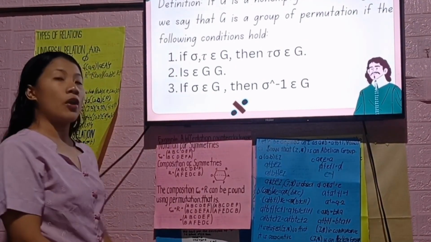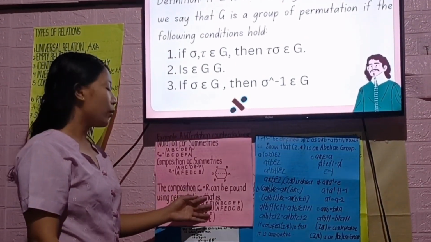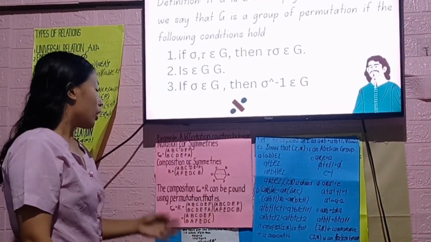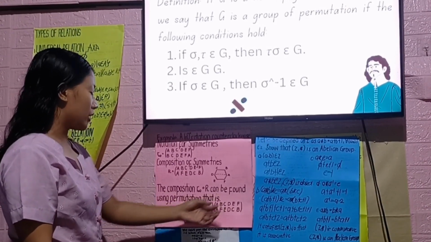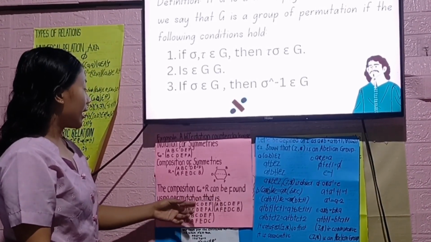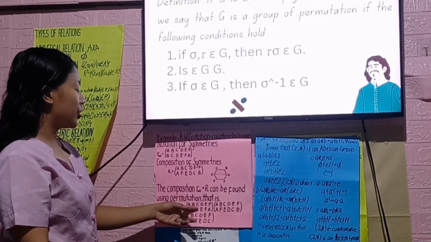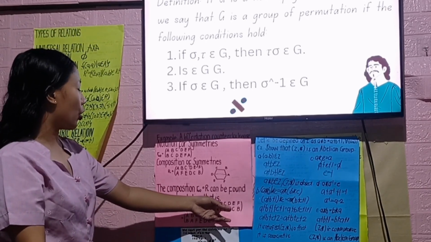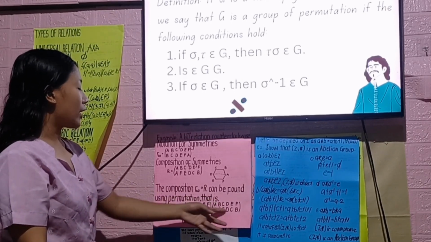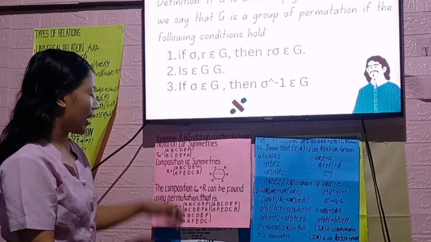So the composition R60 of R1 can be found using permutations. First is the original, then the reflection about the axis through its vertex.